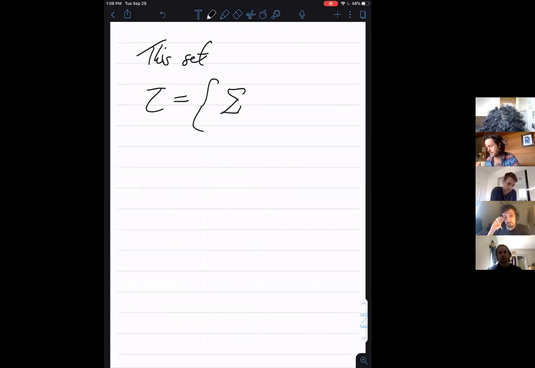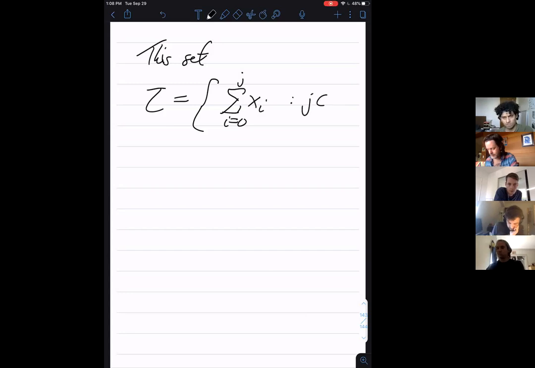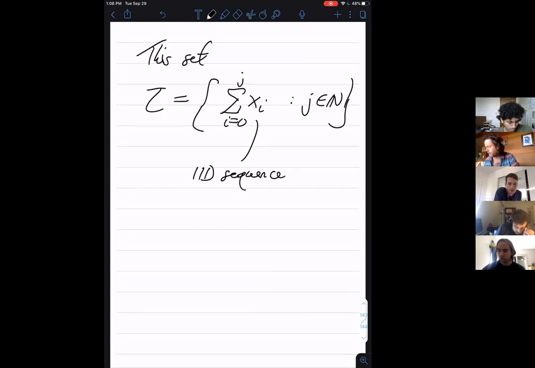So, to be explicit, this set has a very specific form that's related to what's called renewal theory, in fact. Z simply consists of those elements of the natural numbers that take this form. So this is an IID sequence xi, and I just have to tell you the law of one element, that is, the law of a return time.